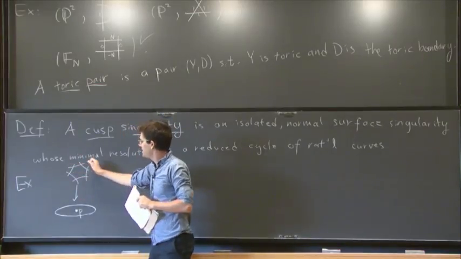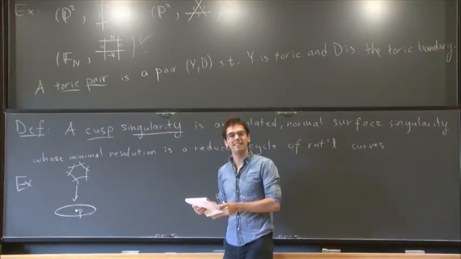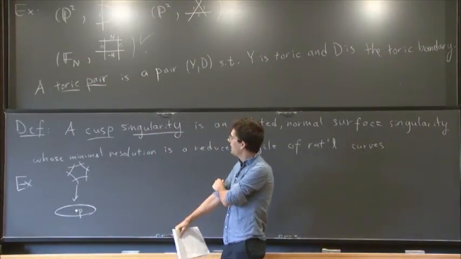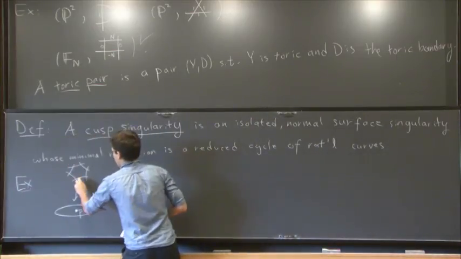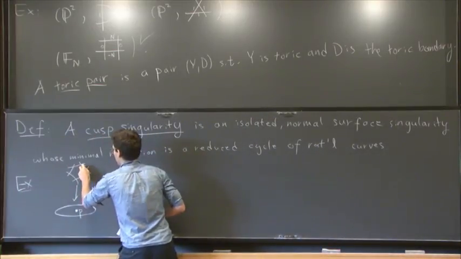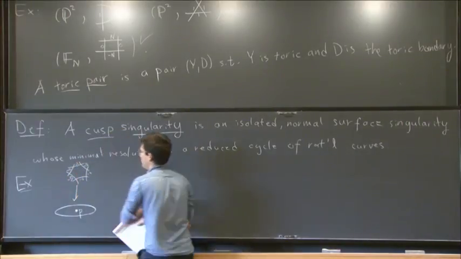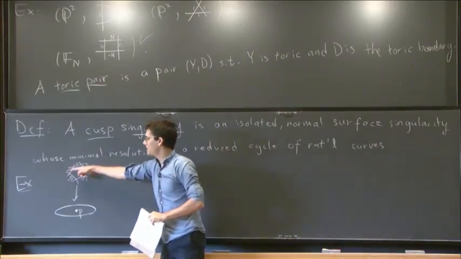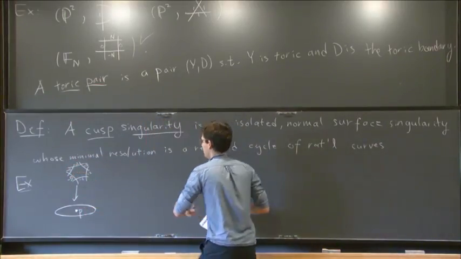So there's just the cycle. As before, if we label these by self-intersections, we might have something like this. All the self-intersections have to be negative because this arrangement of curves is going to be contractible.